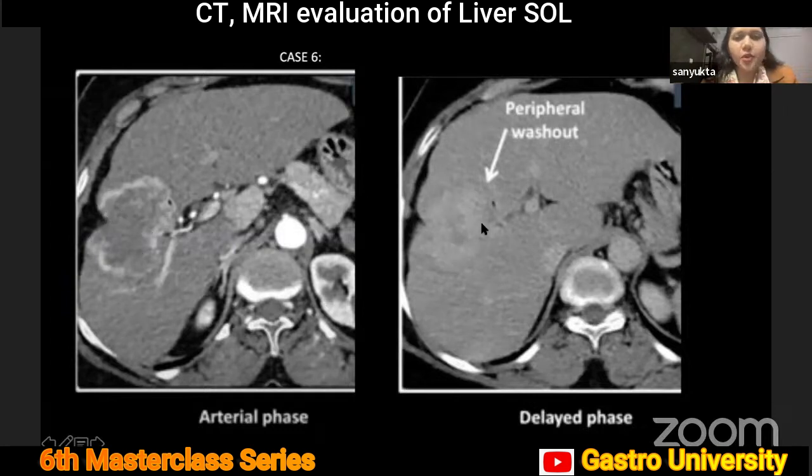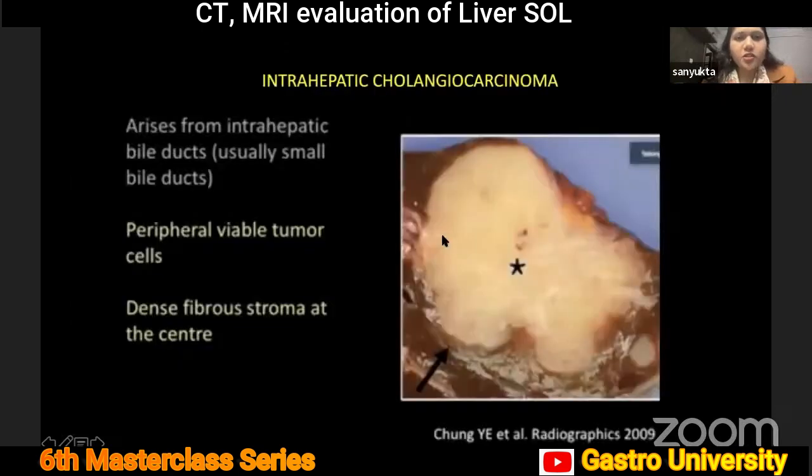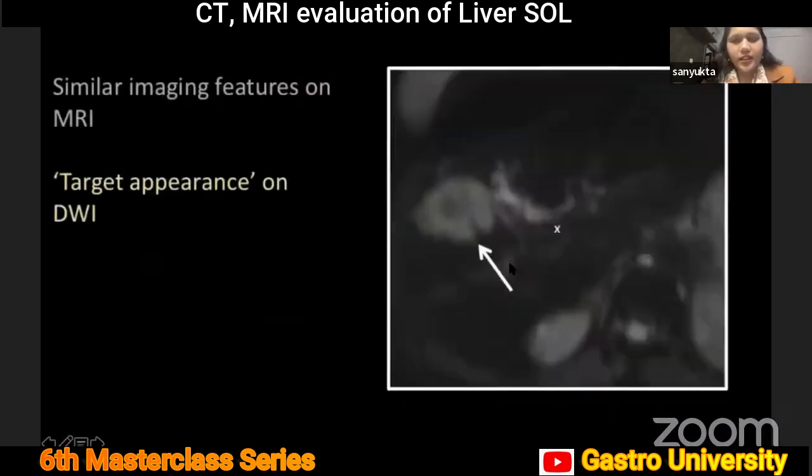The lesion contains some fibrotic component. And on the delayed images, this is showing a peripheral washout. So the viable tumor lies here, and the non-viable or fibrotic component lies here. This is what the imaging characteristics show us. So these are the capsular retractions. This turned out to be an intrahepatic cholangiocarcinoma. The periphery has the viable tumor, and the dense fibrous stroma is at the center.